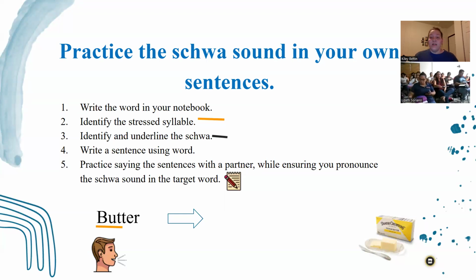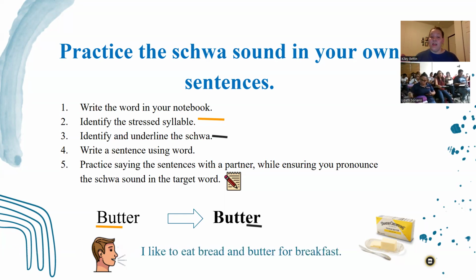So if we know but in butter is going to be our stress syllable, what do we think our schwa sound is going to be? Very good job. So the ter is going to be that schwa sound. And then when it comes to making a sentence, I like to eat bread and butter for breakfast.